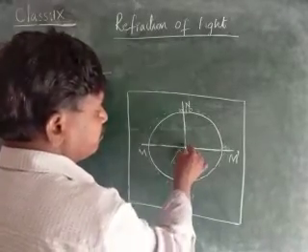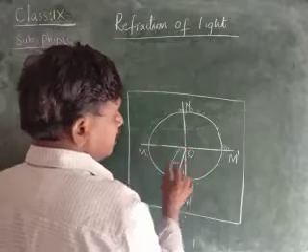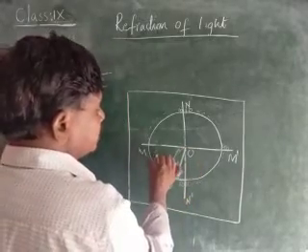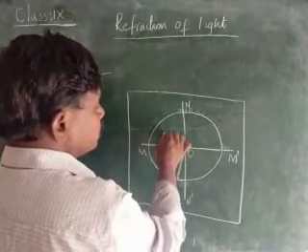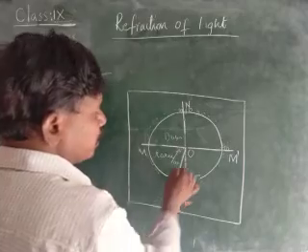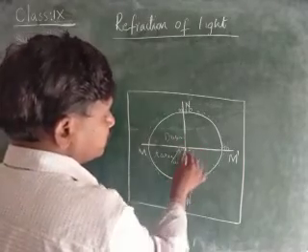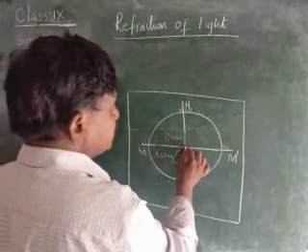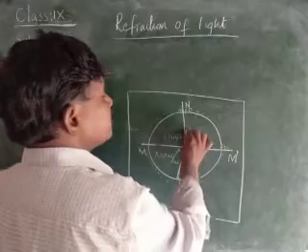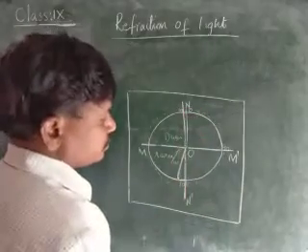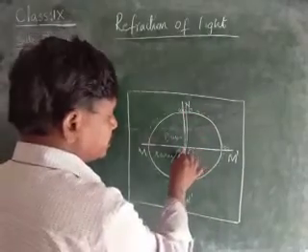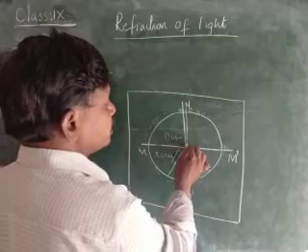Light is traveling from rarer to denser, children. Now see here, we get the angle as, let it be 5 degrees. Now you increase, it will be like this.